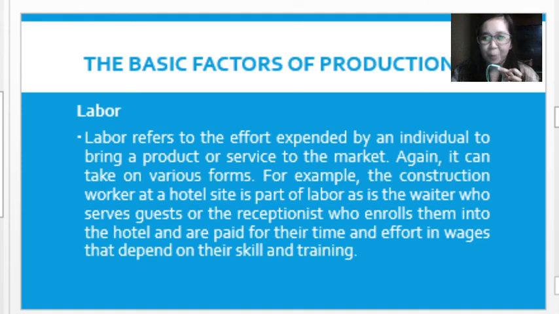So you know what labor means. That is another important factor of production, because in this case, labor helps us in the process of production. They turn input into output. That's how important labor is.